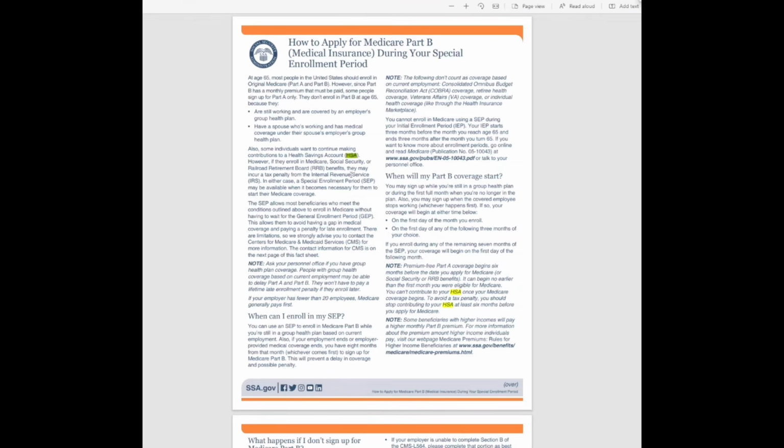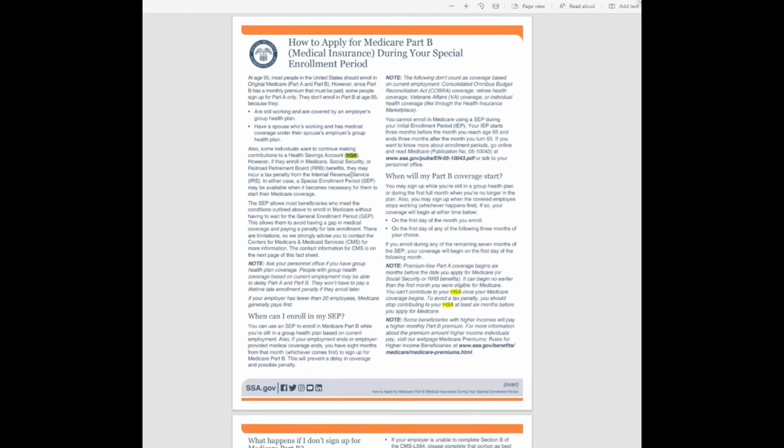HSA is a health savings account, and this is pertaining to Medicare Part A. So let's say that you're somebody who is approaching 65, or maybe you just turned 65, whatever the case may be, and you're thinking about signing up for Medicare Part A. In most cases, the majority, I should say, Medicare Part A is free if you have 10 years of work history in the United States and you're fully insured for Social Security benefits. Medicare Part A is free.